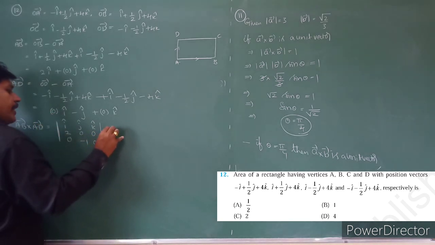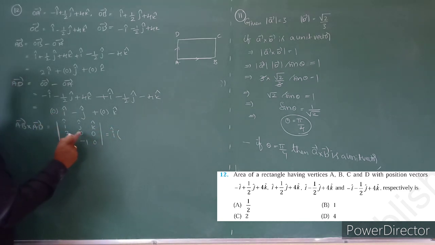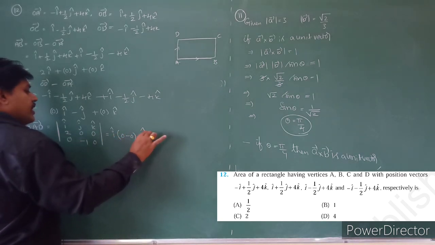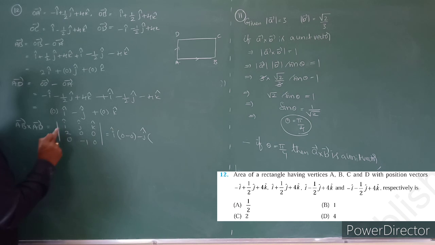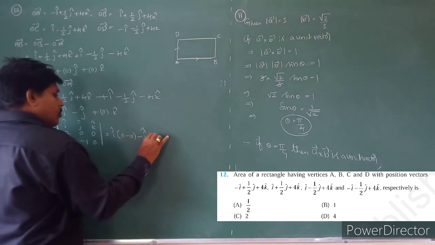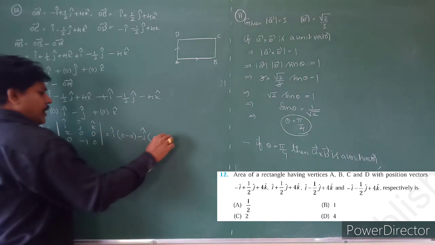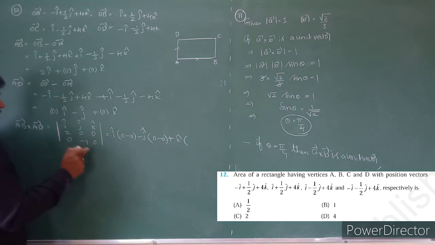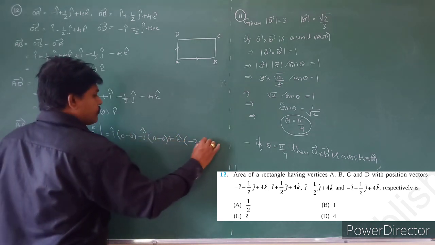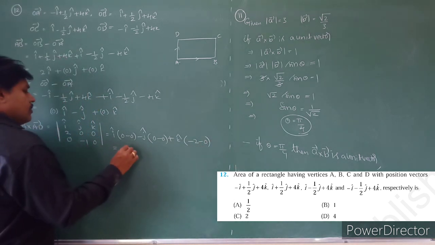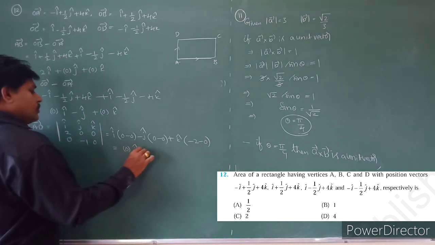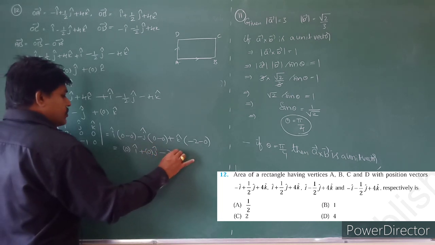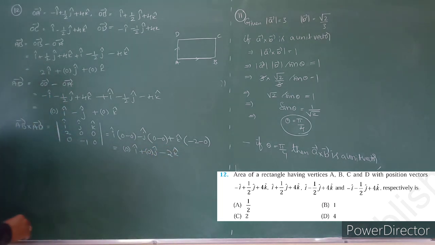That is equal to i cap into 0 minus 0, minus j cap into, remove the row and the column, 0 minus 0, plus k cap, remove the row and the column, minus 2 minus 0. So what is that? 0 into i plus 0 into j minus 2k cap.